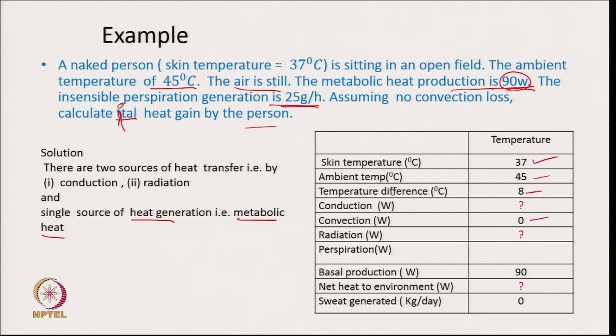Radiative heat gain we need to calculate, question mark. Perspiration we have said 25 grams, so we also have to calculate how much heat we are going to lose, taking into account the insensible perspiration generation. Basal heat production is 90 watt, and we need to calculate how much heat the person is going to gain.